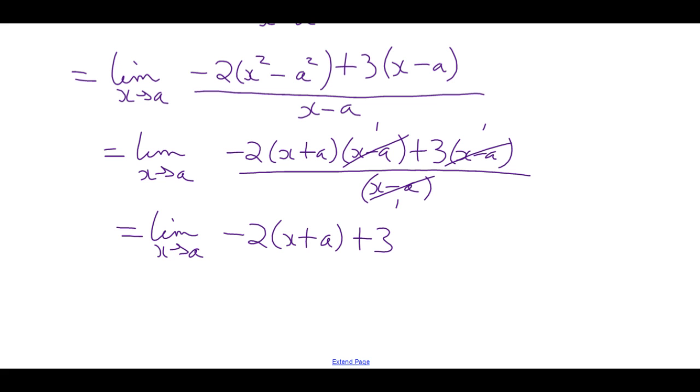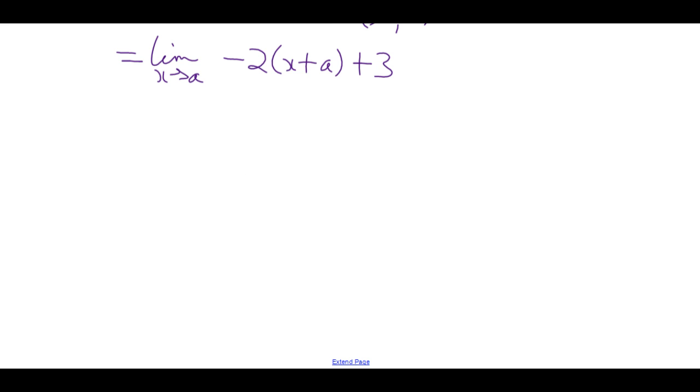Okay, so we want what? Specifically in part B, we want the x equals 5. So let's extend that, I guess.